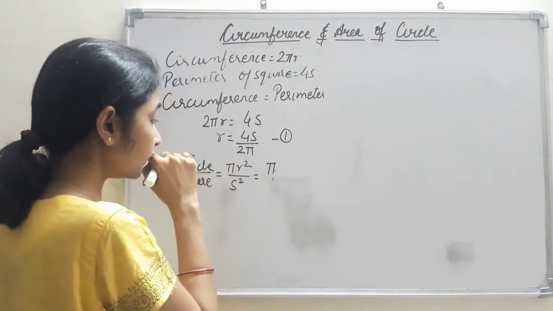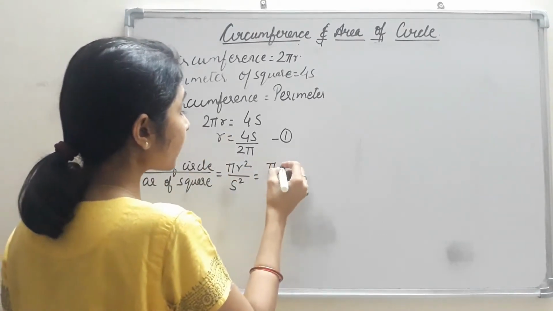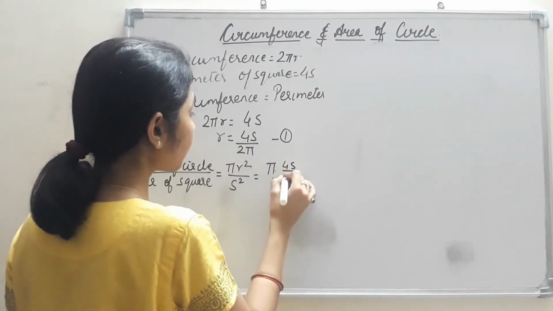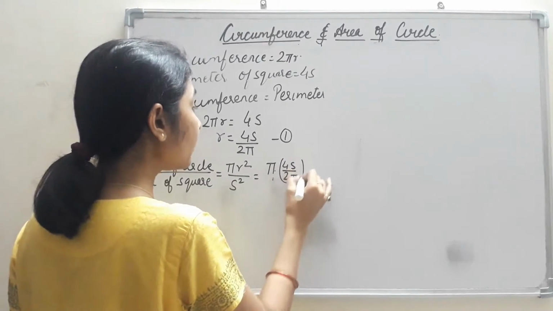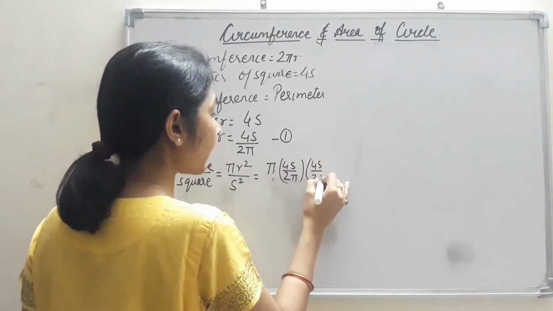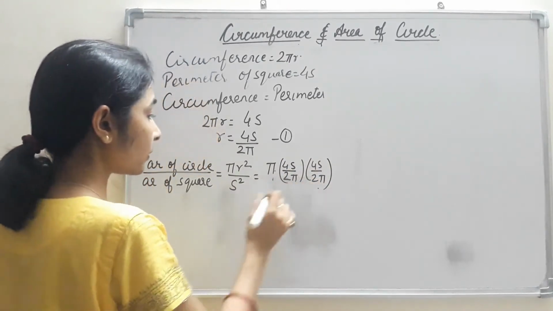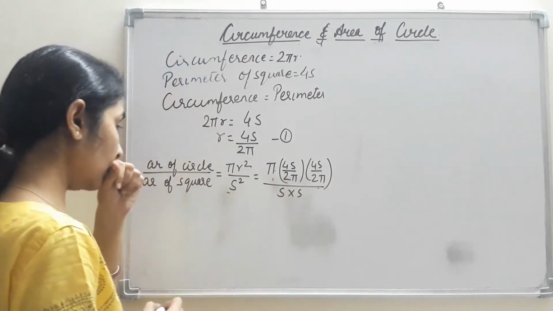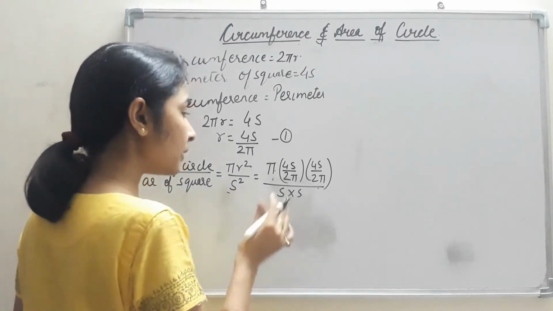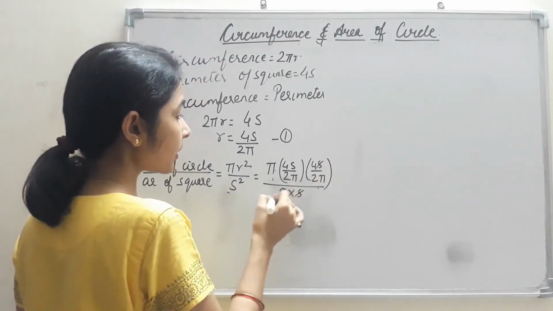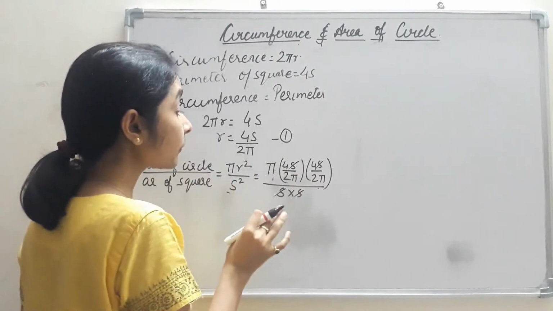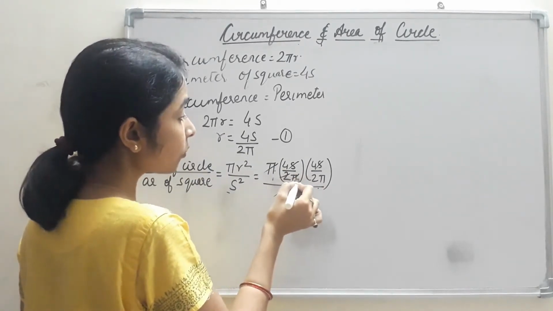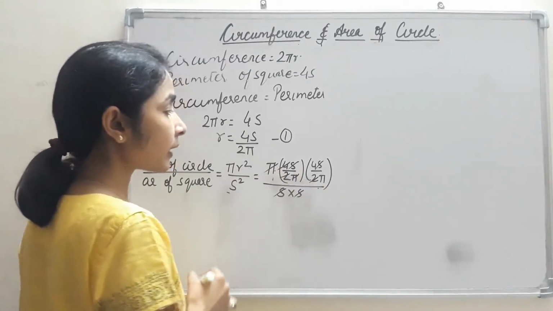So here we are having 4s upon 2 pi, again 4s upon 2 pi because r square. In the denominator we are having s square, so s into s. Now let us simplify it. s and pi cancels, 2 and 2 and this 4 cancels.